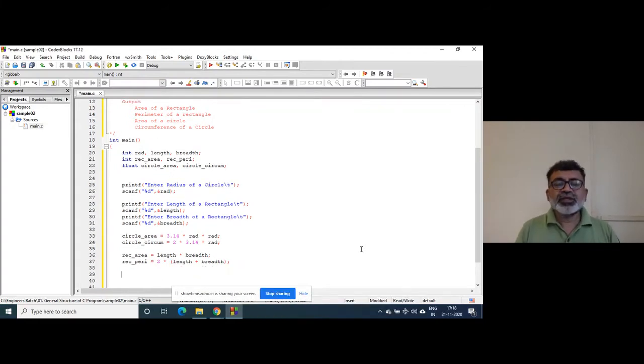And then there would be the output statements. So printf area of a circle percent f slash n, there should be slash n, no slash t. So circle area.